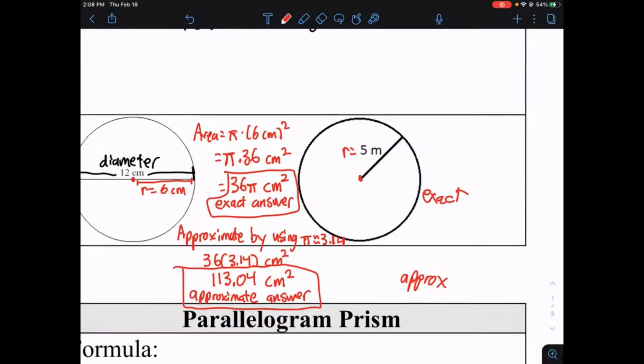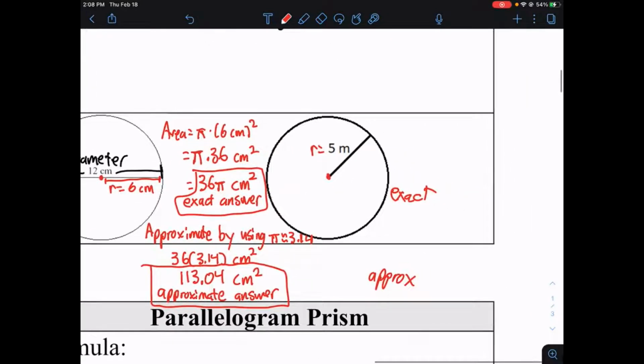So we do not divide it by 2. The exact would be pi times the 5 meters squared. 5 squared, 5 times 5, is 25. Meters squared is meters squared. So the exact value is 25 pi meters squared.